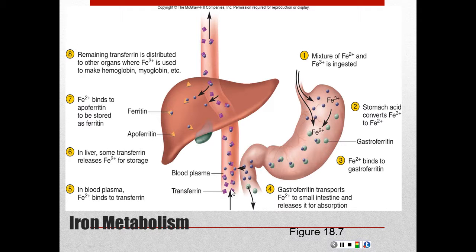The bone marrow, the liver, and other tissues. Now, bone marrow uses the Fe2 for hemoglobin synthesis. Muscles use it for myoglobin, and nearly all cells use it in cytochrome molecules in the mitochondria. Now, the liver binds surplus iron to apoferritin to produce an iron storage complex called ferritin.